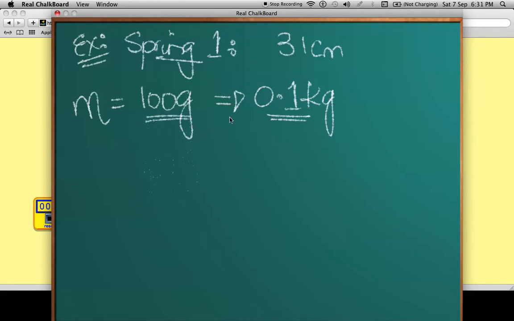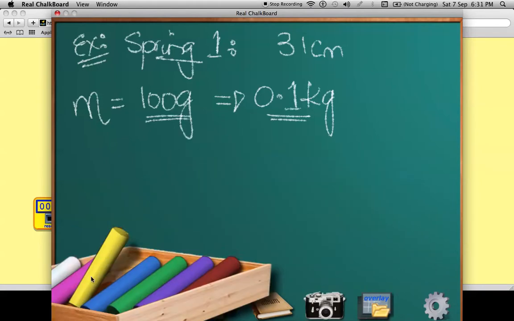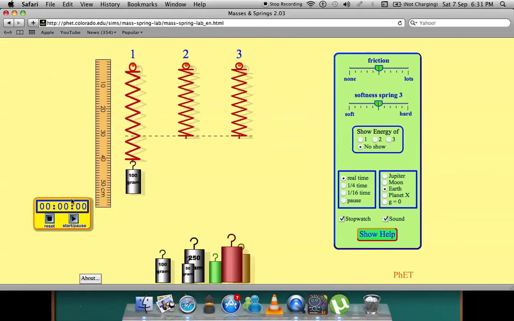So when I'm attaching a mass of 100 grams, eventually it gives me an extension, and it will come to a point and come to rest. It comes to rest at the 40 centimeter mark. This is the new height of the spring when the 100 gram mass is attached to it.